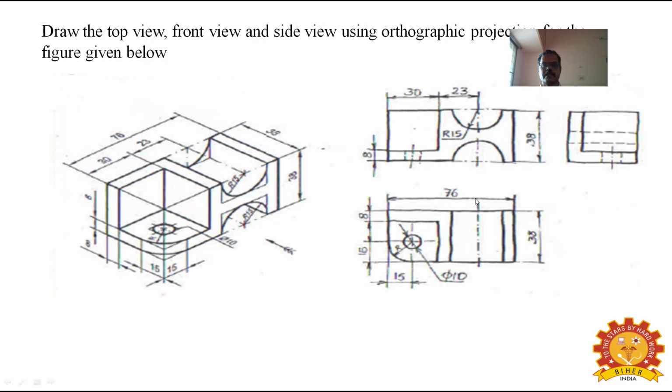First draw a rectangle of size 76 by 38. Within the rectangle, you have to draw the L-shaped rectangle first. The width is given as 8 mm, and draw the L shape. And you have to draw the circle of diameter 10 mm and the small arc radius.